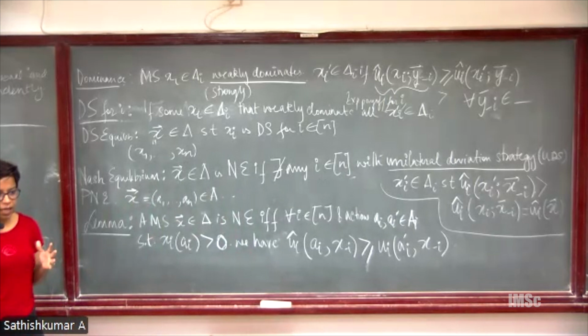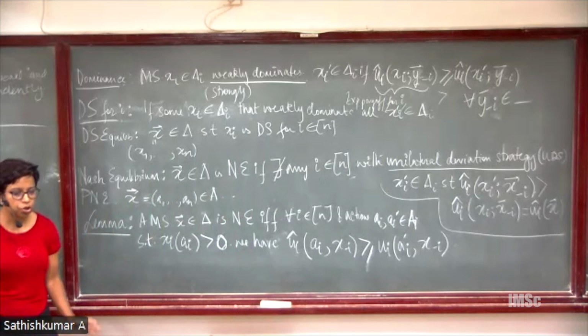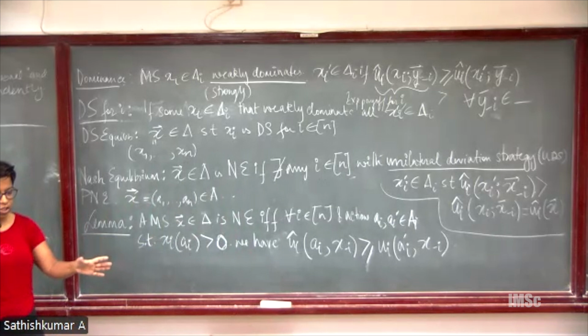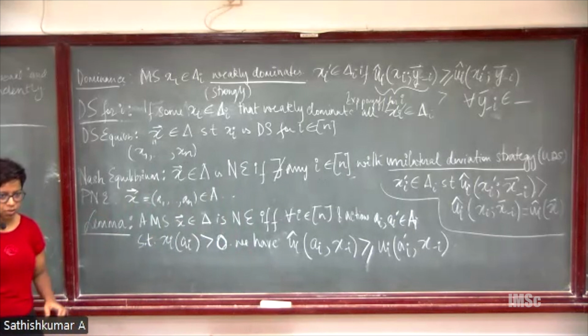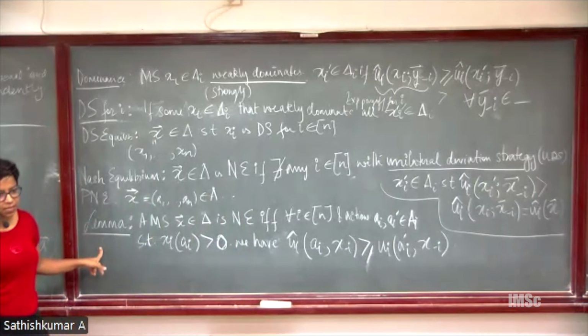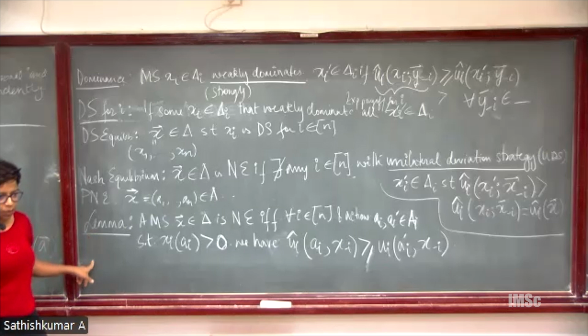So oftentimes, one way to do it is to massage the definition and see if it can be reduced to an equivalent definition that strips away or at least minimizes the use of randomization and mixing and so on and so forth. So this is basically one of those things. And this result and the implications that follow from it become very handy when working with Nash equilibrium or generally mixed strategies.